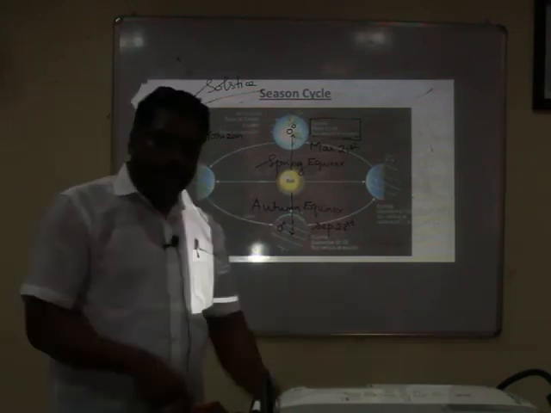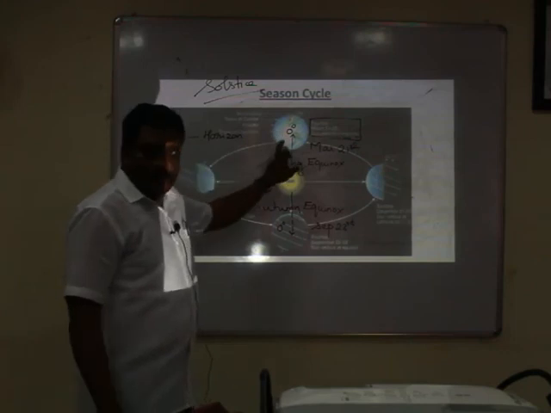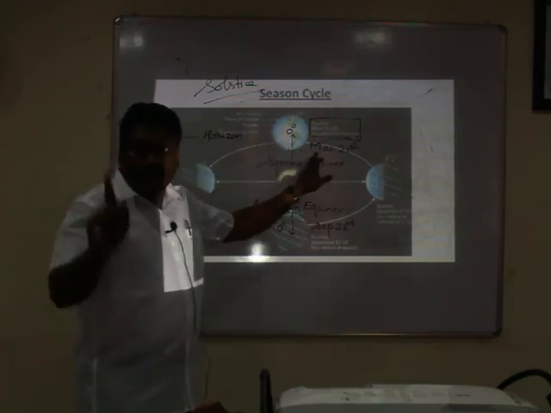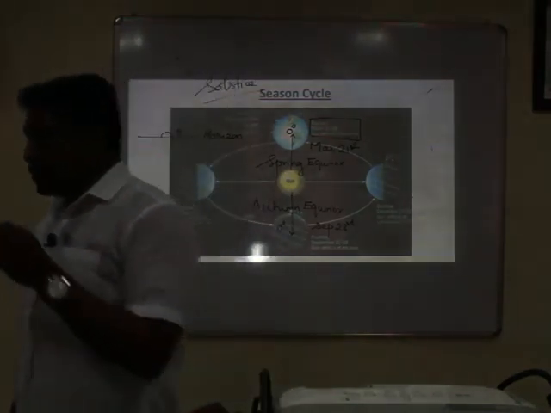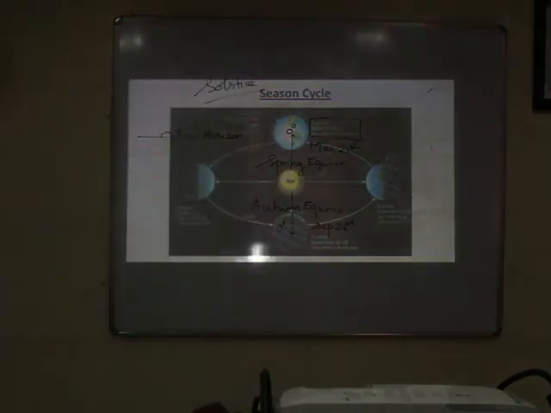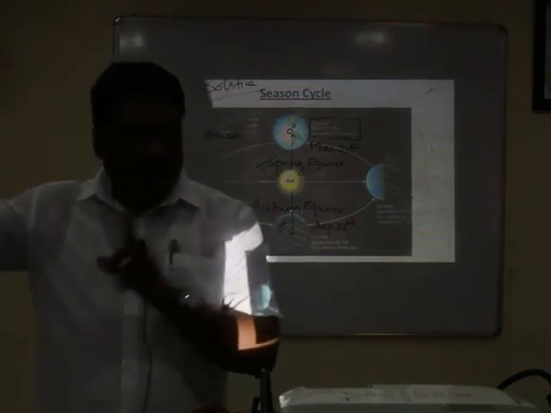On this day, where exactly do the sun's vertical rays fall? Equator, very important. On this day, the sun's vertical rays will fall only during the noon time, not when it is rising or setting.